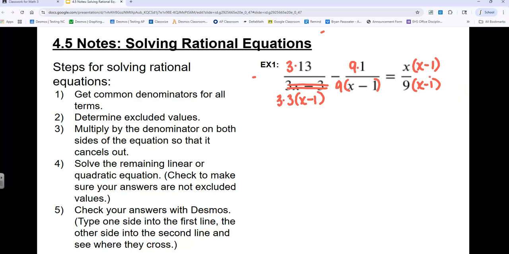Okay, so if I do this, I've got 3 times 13, which is going to give me 39 over 9 times x minus 1, minus 9 over 9 times x minus 1, equals x times x minus 1 over 9 times x minus 1.